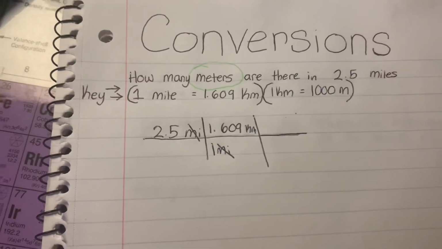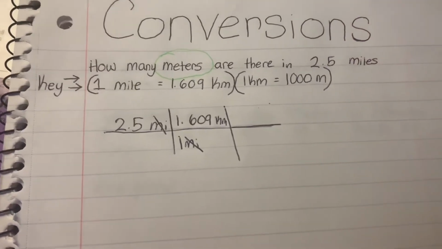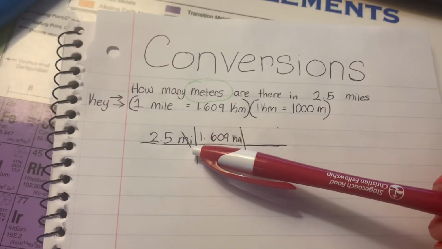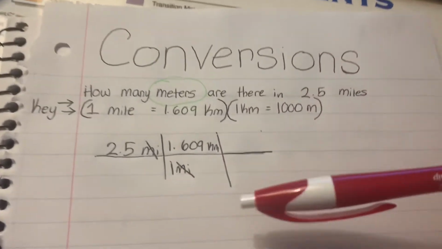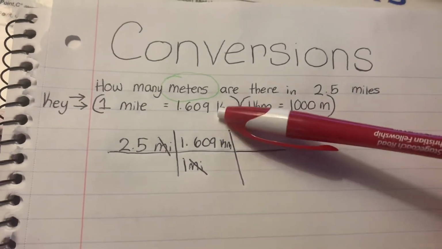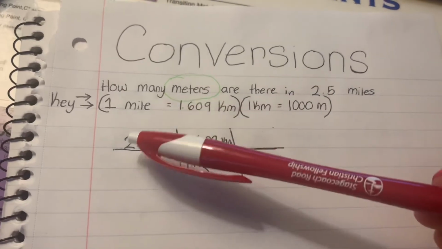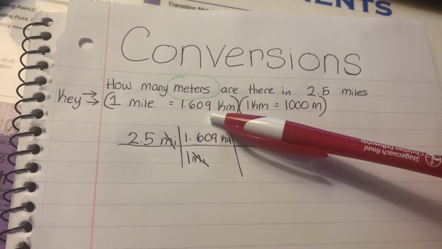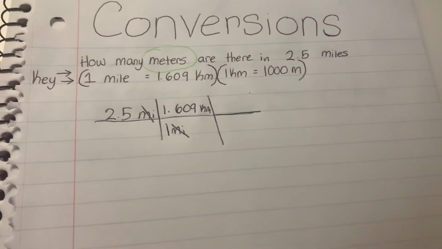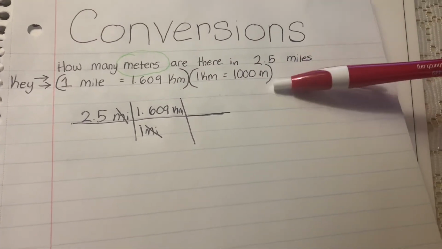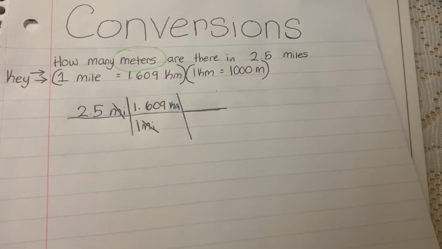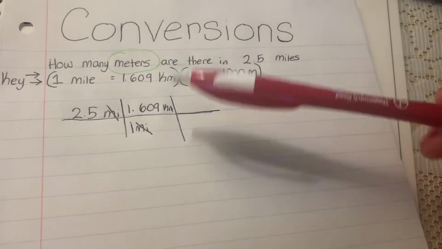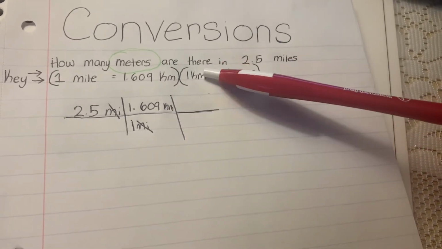Now, one thing I should mention is each place you put your measurement, except for the first space, you're going to be putting what it's equal to above it. So as you'll see, 1 mile is equal to this, 1 mile equal to this, okay? All right, so for the next one, because we still have this key right here, we are going to put this into this, and you will notice that this is kilometers and this is also kilometers.